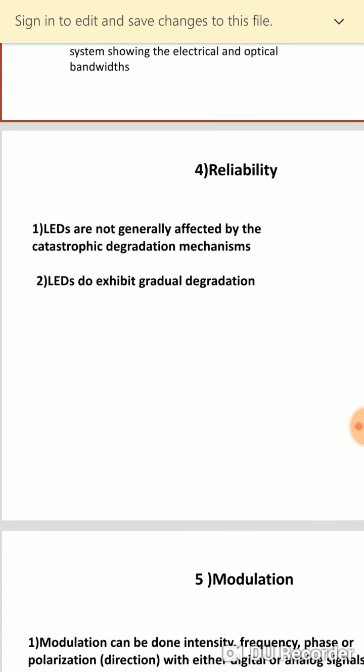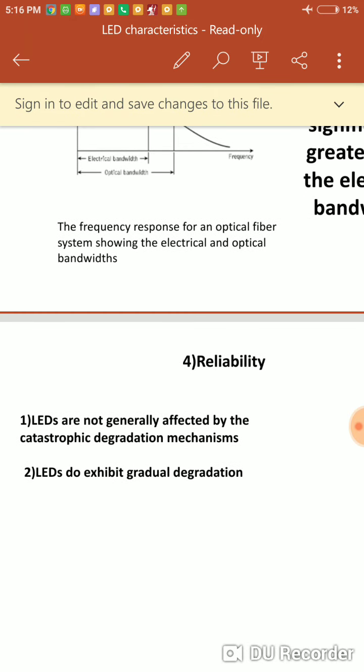Now the next characteristic of LED is reliability. Reliability of any device is nothing but its ability to give the same performance with the same efficiency for a longer time. That is the concept of reliability.